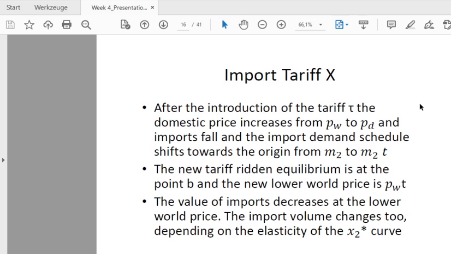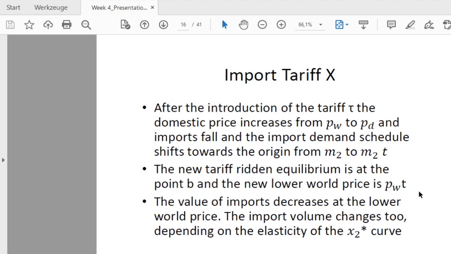After the introduction of the tariff, the domestic price increases as always from PW to PD, and imports fall, and the import demand schedule shifts towards the origin from M2 to M2T. The new tariff-ridden equilibrium is at point B, and the new lower world price is PWT now.